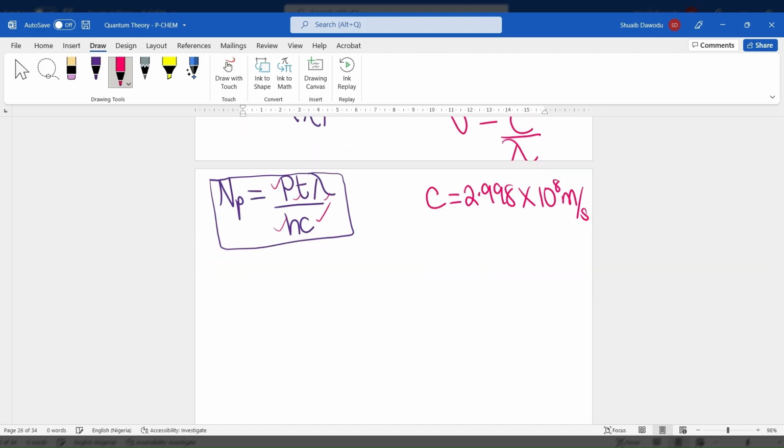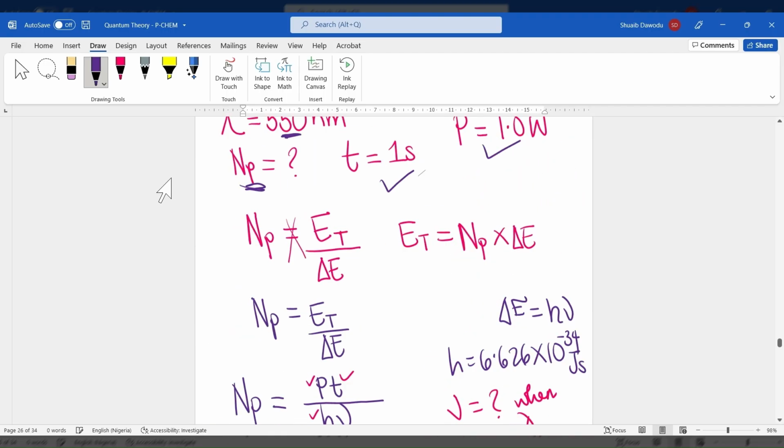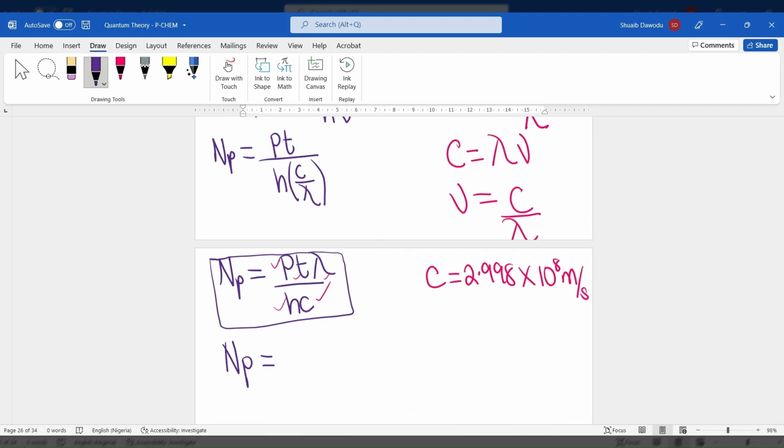So anyways, we have now that Np is equal to the power, which we know to be 1.0 watts. But then again, we're about to do a calculation, so we're going to use the SI unit of what a watt is, which is basically joule per second.